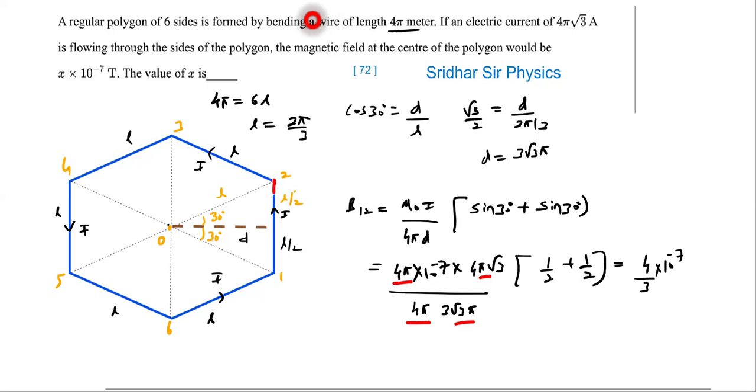This field is due to one wire; this side 1 2 alone will produce this much field at the center.